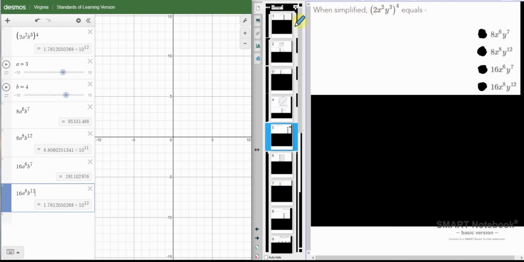So there's the original, and here's the original with a and b. And again, I say a is 3, b is 4, and it gives me an answer. Now, I know what this equals. When a is 3 and b is 4, this is 1.76 times 10 to the 12th. Now, one of these 4 has to be equal to that. So I plug in my 4 choices, and only one of them is equal to the same thing. So we've got our answer.